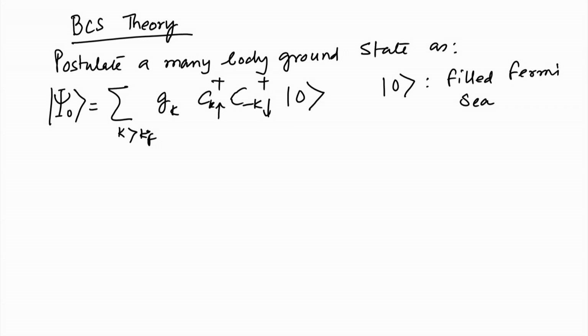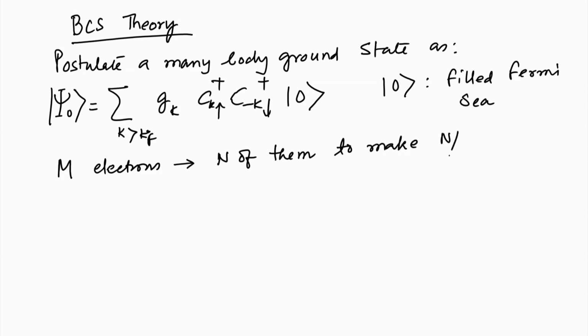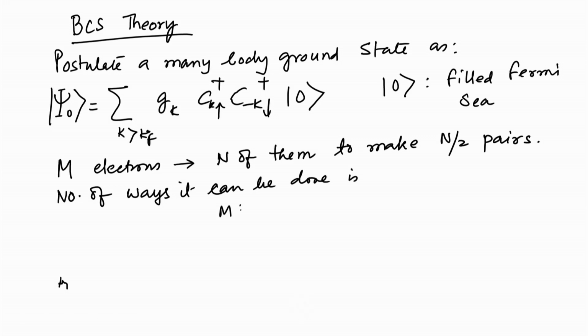Then we have say m electrons, and we want to choose n of them to make n by 2 pairs, and the number of ways it can be done is m factorial divided by m minus n by 2 factorial and n by 2 factorial.